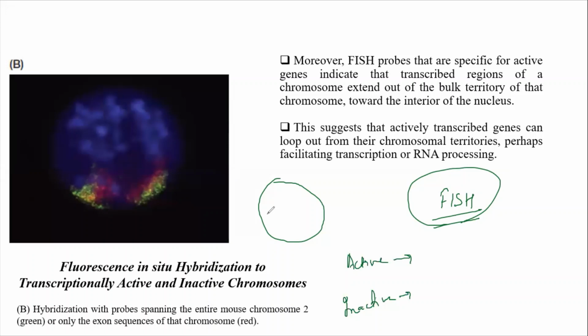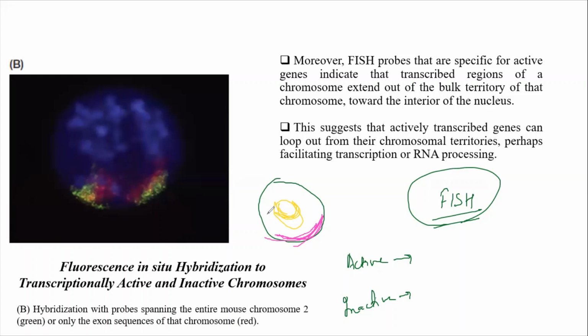So towards the external region, I'm going to label with green color. So if I'm going to label the inactive chromosomes with, suppose, pink color, I am using it here, and I'm going to use, for example, yellow color for the transcriptionally active region. The inactive region is towards the center, and the transcriptionally active region is towards the outer of the nucleus.